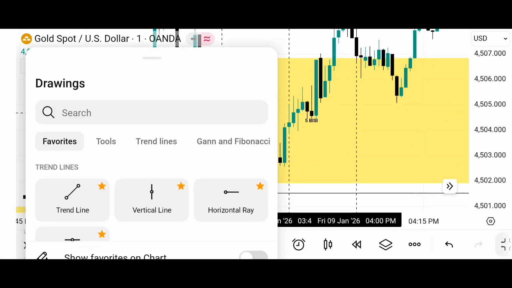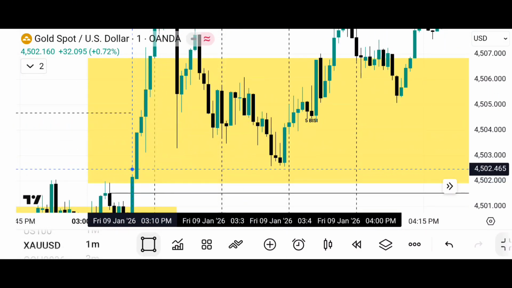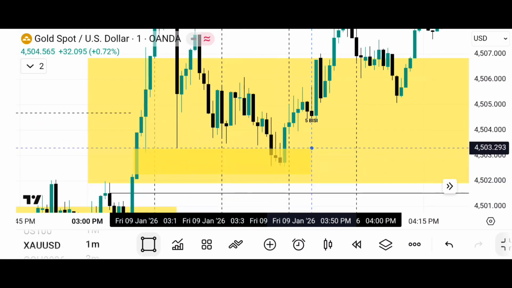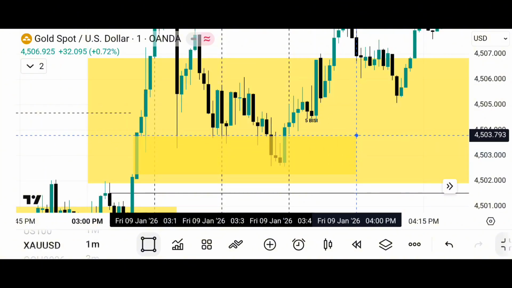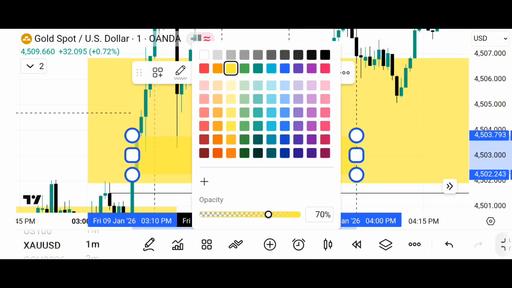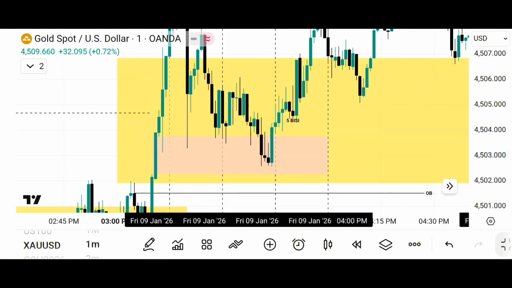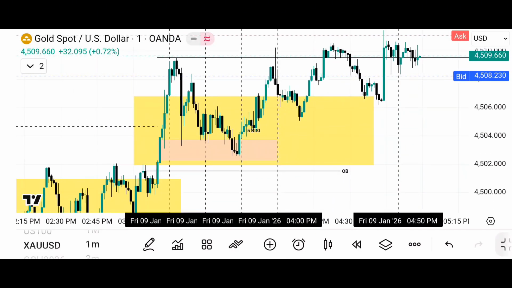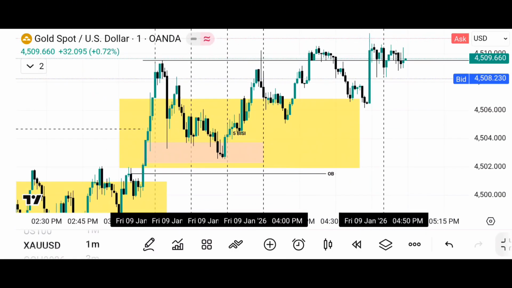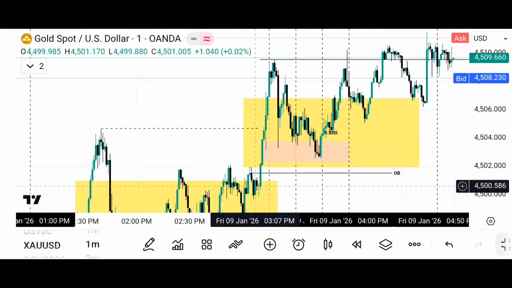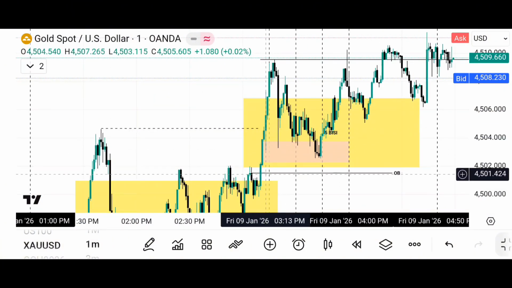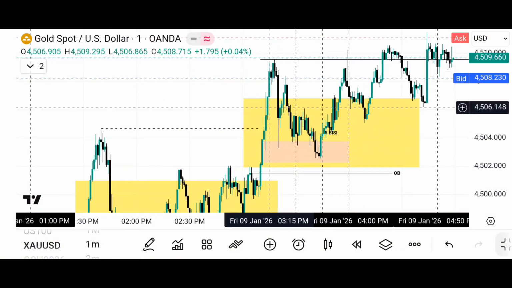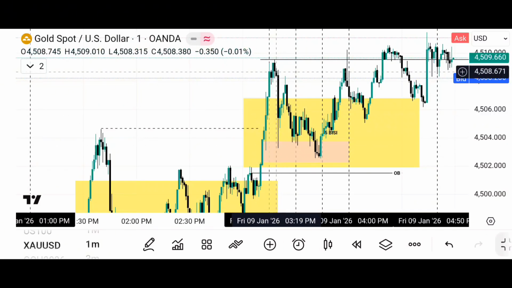So I will annotate this and color it. Okay, let's give it this color. Now watch. Price traded above these highs right here, showing willingness to rally up further.